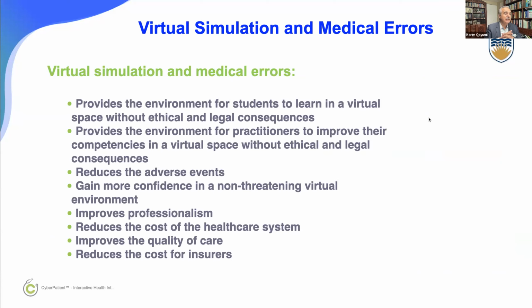It reduces adverse events. Students gain more confidence in a non-threatening virtual environment. It improves professionalism, reduces the cost of the healthcare system, improves the quality of care, and reduces costs for insurers also.